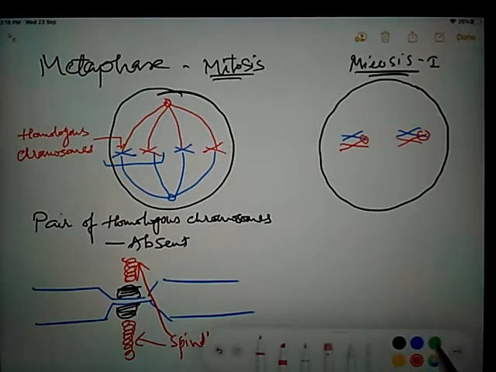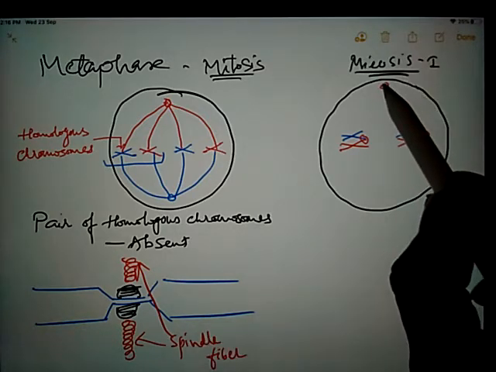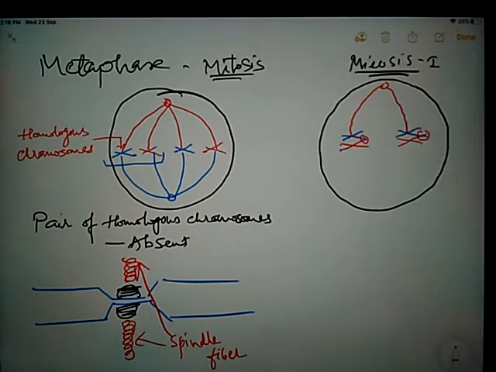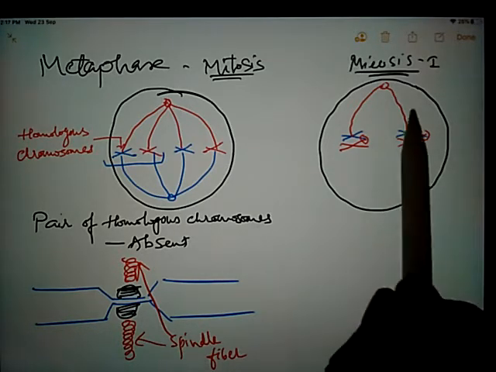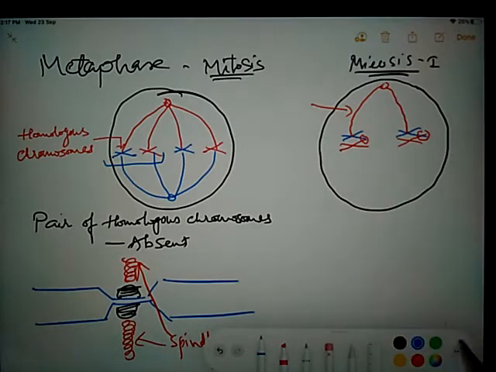And this is why one bivalent chromosome is attached to either the south pole side spindle fiber or the north pole side spindle fiber respectively.